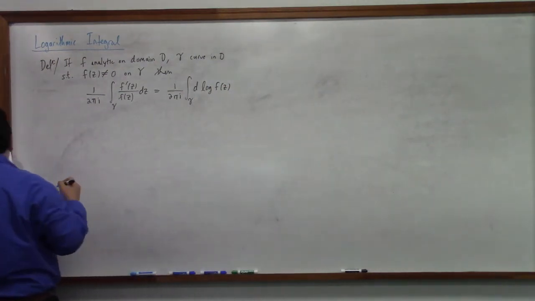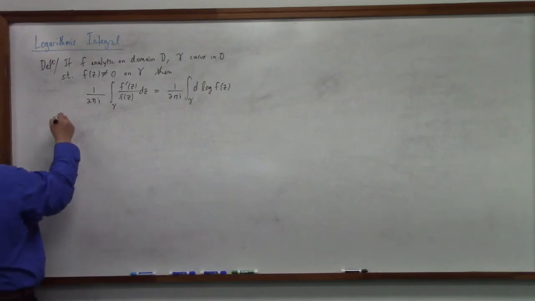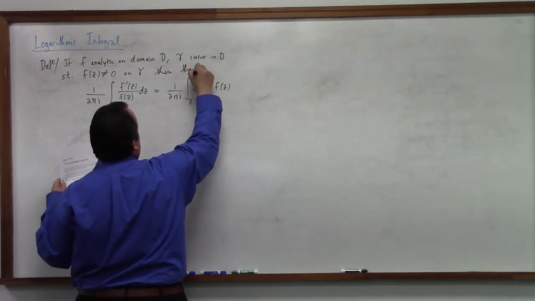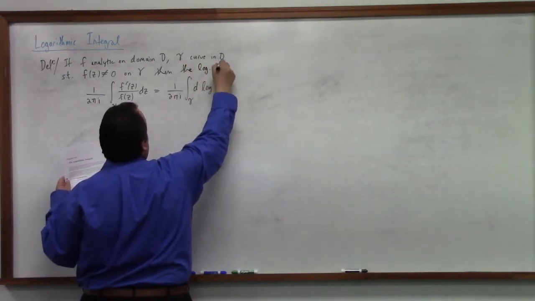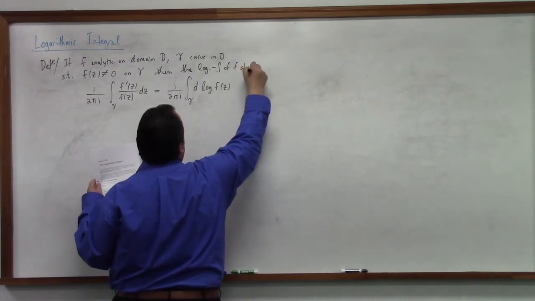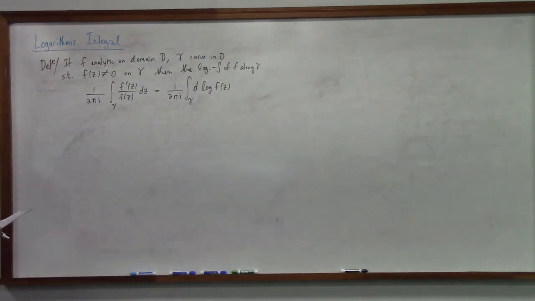This is the quote-unquote logarithmic integral of f of z along gamma. All right, great. So essentially the logarithmic integral measures the change of the logarithm along the curve.